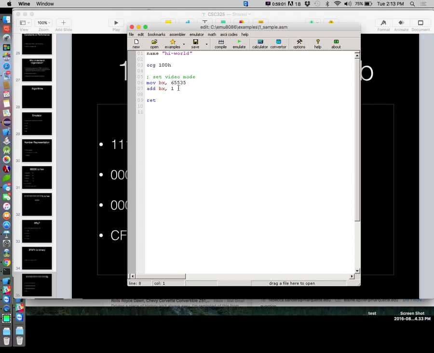So let's go back to AX for the second part here. Let's move into AX the current value of BX, which we know is 0, right? And then we're going to add BX 1, which should give us, actually, I'm lying, because you want to see the flag reset.